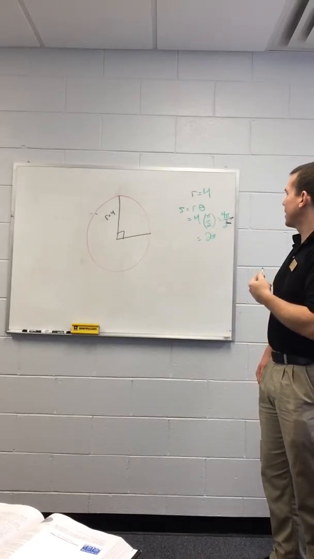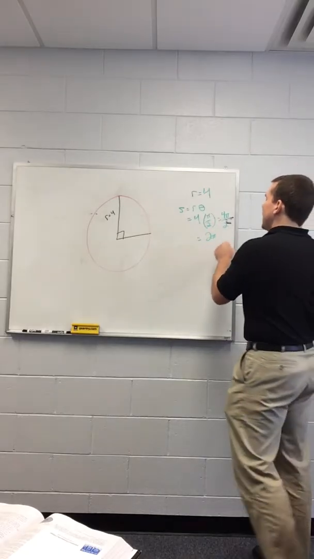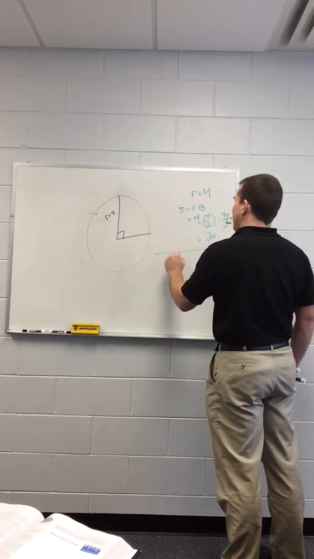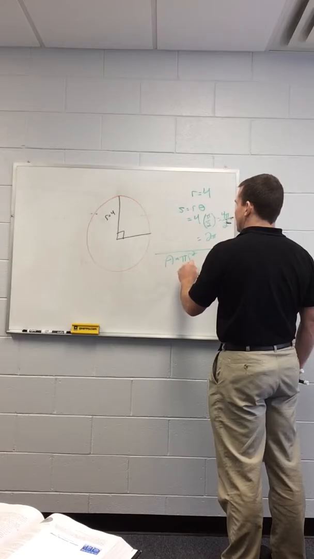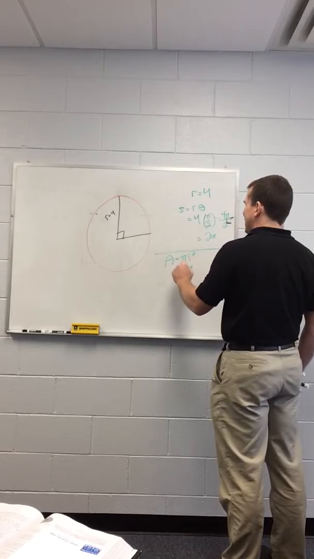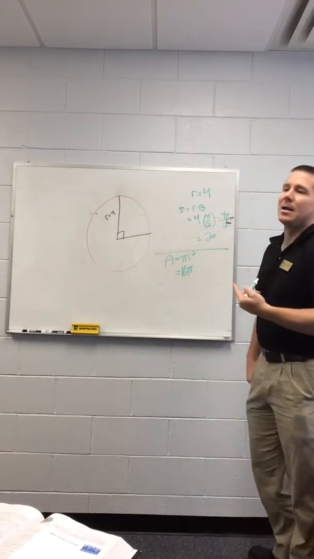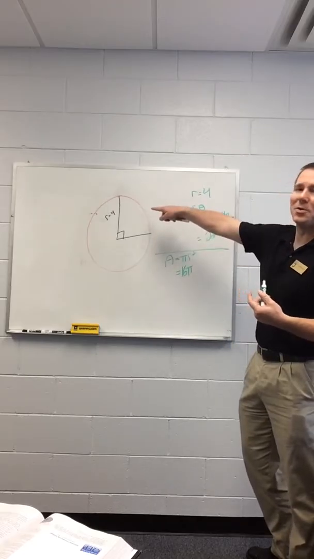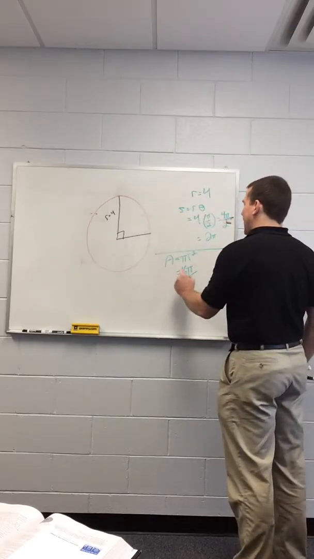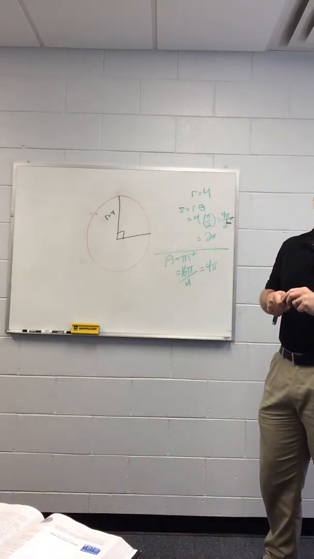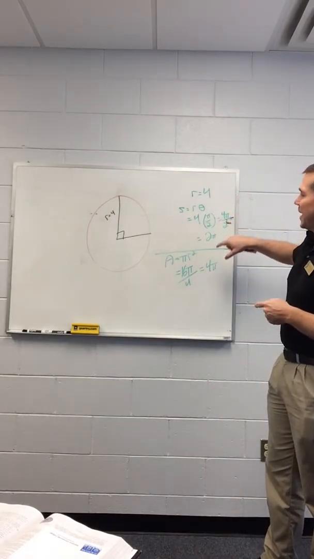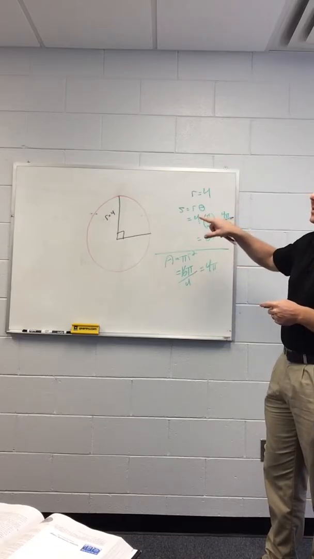So the arc length is 2 pi. What about the area of the sector? Well, the area of the circle is pi r squared. My radius is 4, so that's 16 pi. But that's the whole circle. I only want 1/4 of it. So just divide that area by 4 and I get 4 pi. So now I have the arc length and area of the sector for this circle.